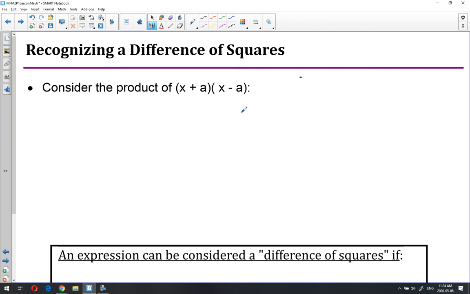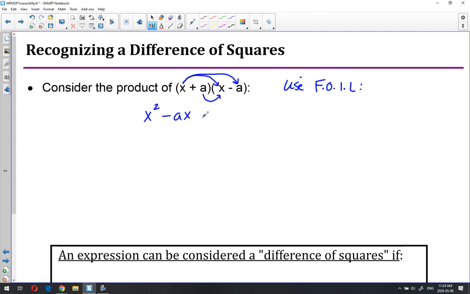If we expand this using FOIL, first, outside, inside, last, x times x is going to give us x squared. Then x multiplied by negative a is going to be negative ax.